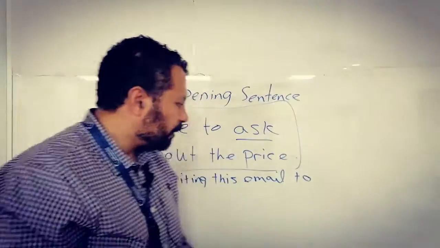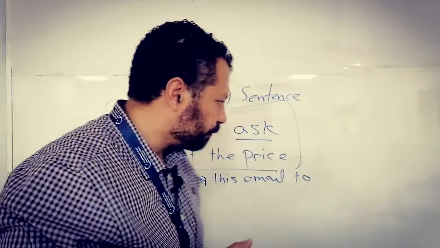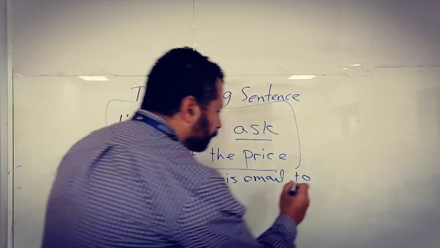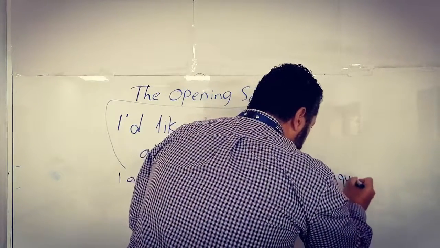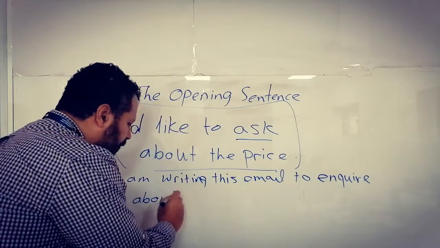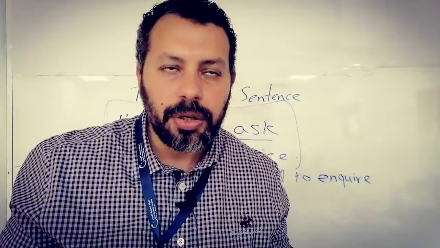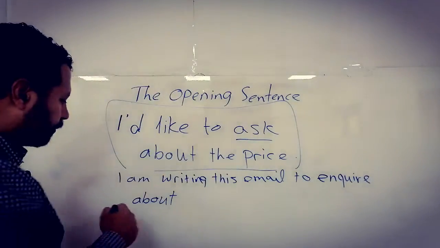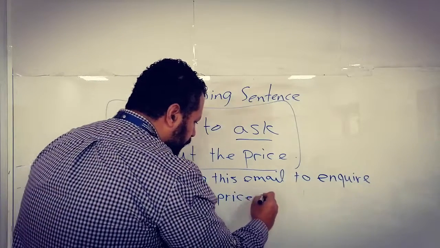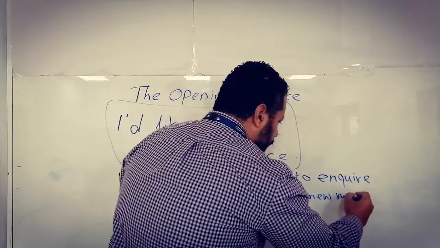Okay. So instead of saying ask, you can say inquire. So I am writing this email to inquire about, for example, the price of a product, the price of the new monitors.